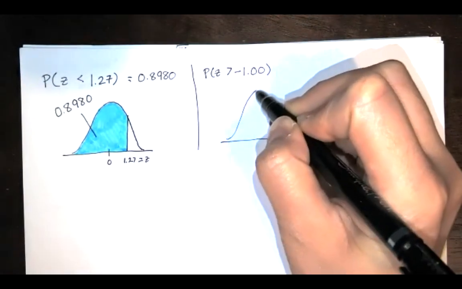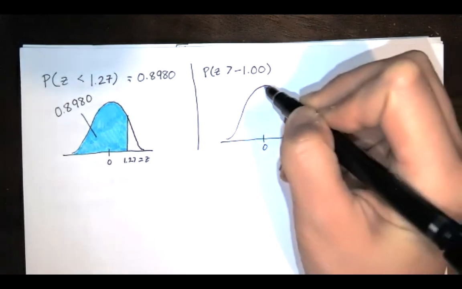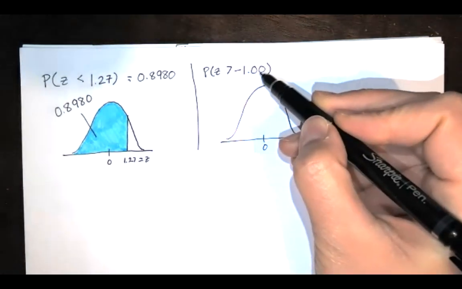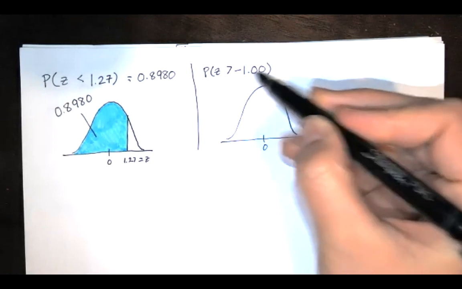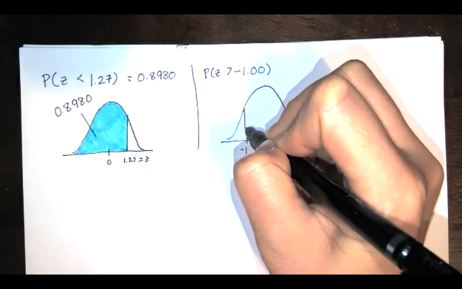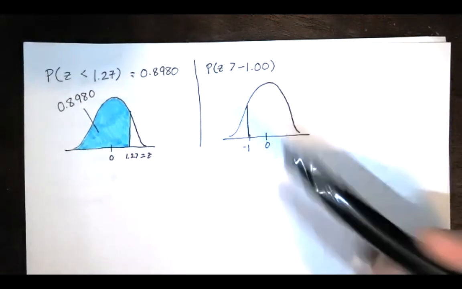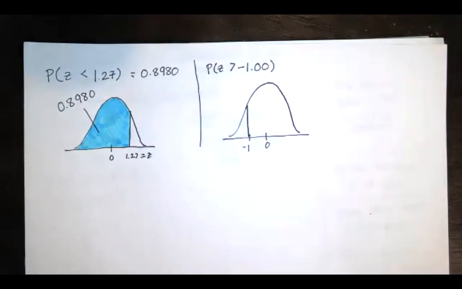So I'll draw a normal distribution. The mean of 0 is in the middle, and Z equals -1 is right here, 1 standard deviation below the mean. Now we want the probability that Z is more than that, so we want this area over here.